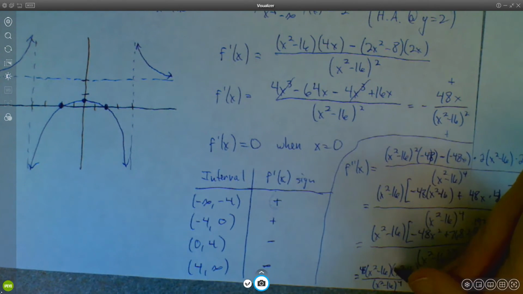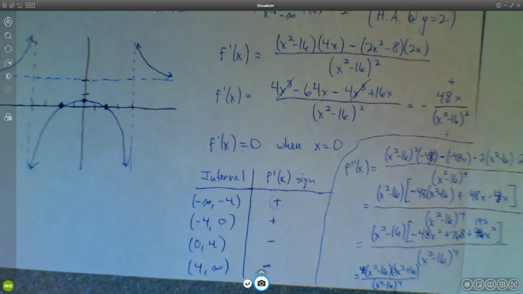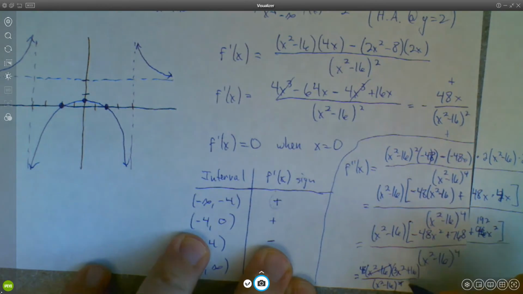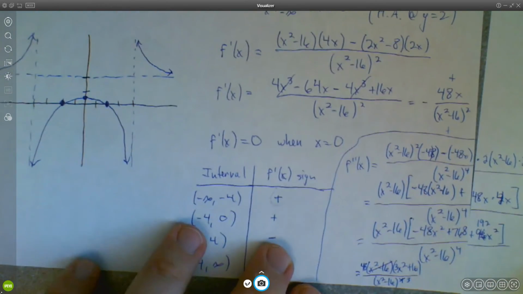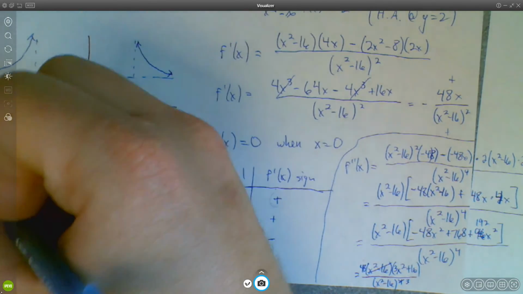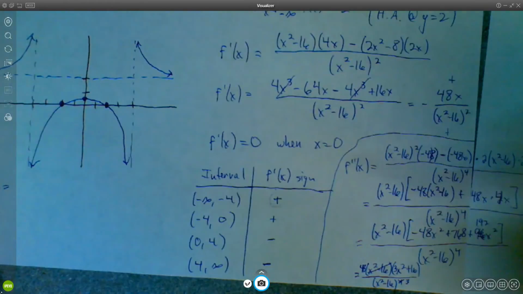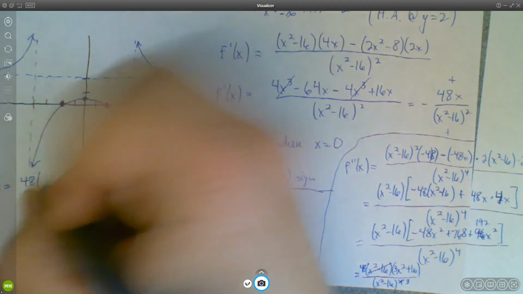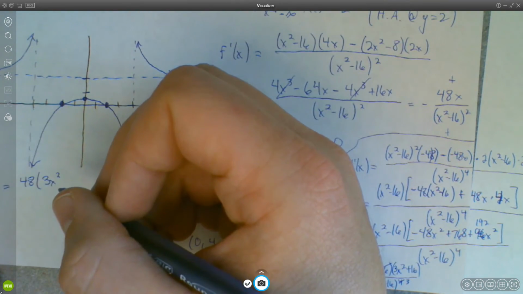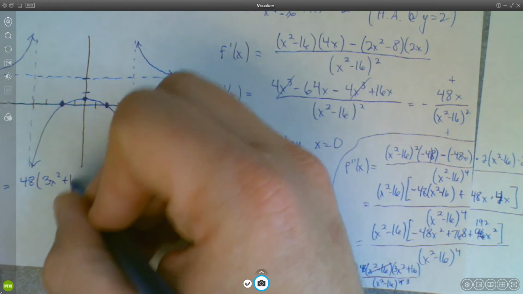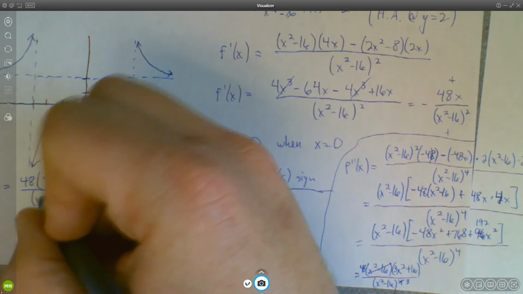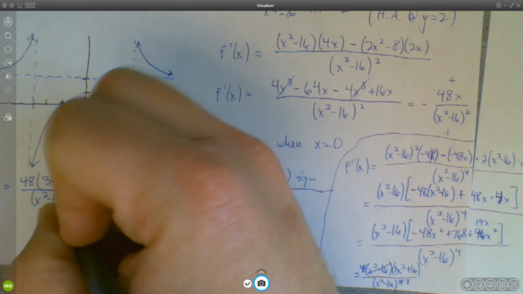Okay, so I should have had a 3 there. But now, this cancels one of those. So really, I'm going to write this over here now. At the end of the day, f double prime of x is 48 times 3x squared plus 16 divided by x squared minus 16 to the third.